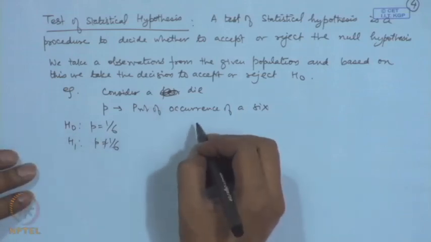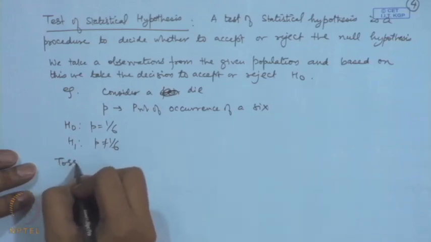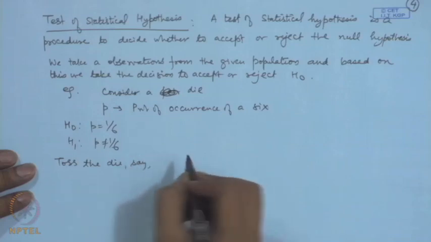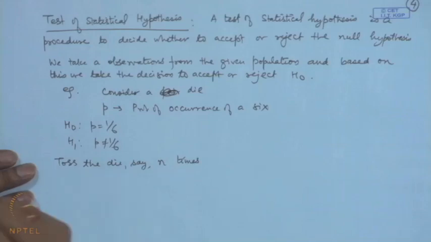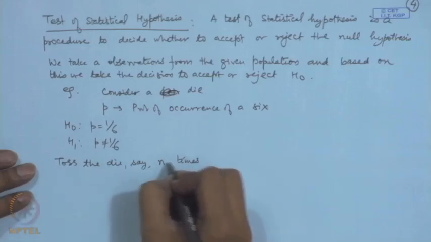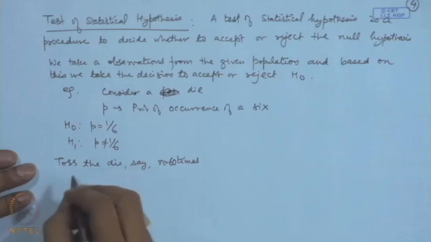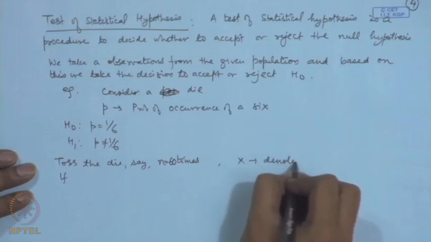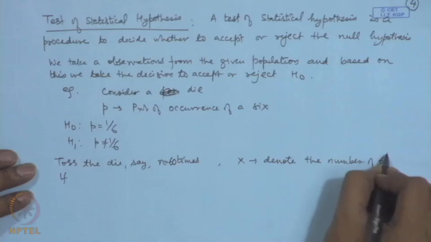Suppose we conduct the experiment, we toss the die a certain number of times, say n times. Let me put n is equal to some number here, suppose I put 60. Then we may say that, here let x denote the number of 6s.